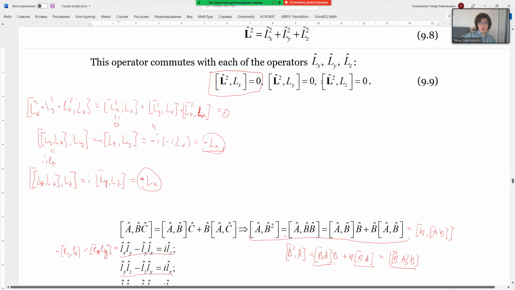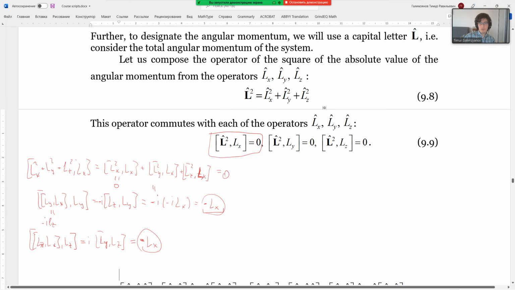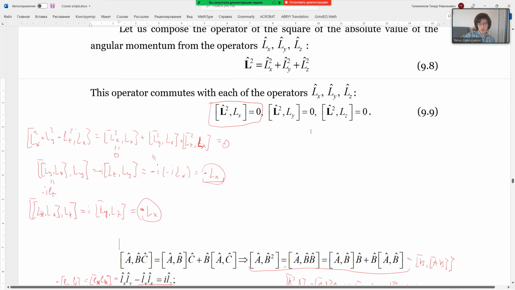In the same way, you can prove these relationships, and so what we have found. We have found that commutator of, let's say, Lx, Ly equals iLz, and that is not 0.